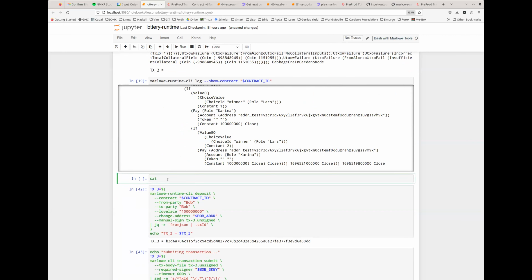So let me just cut borrower. I think that's not defined. For some reason, my thing also hangs now.